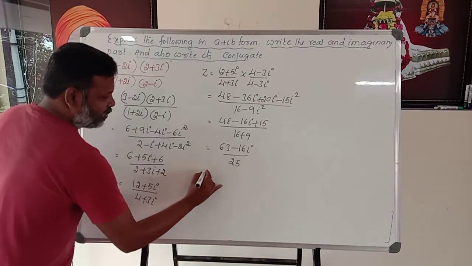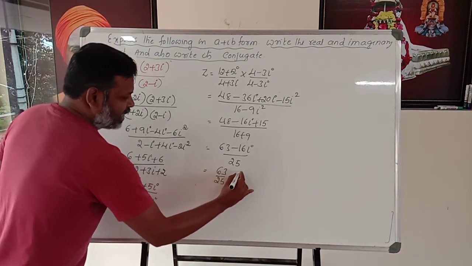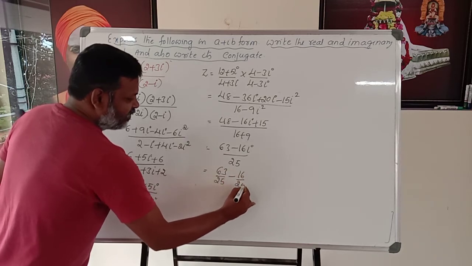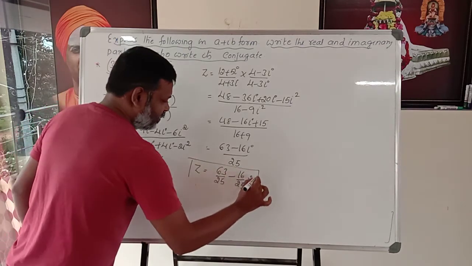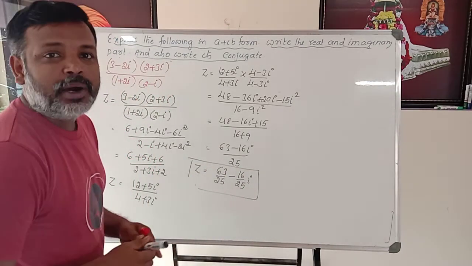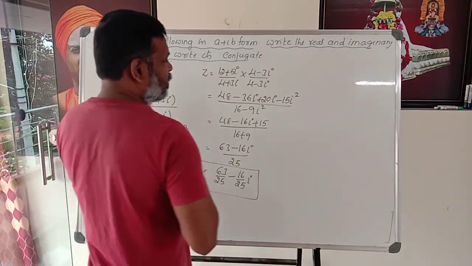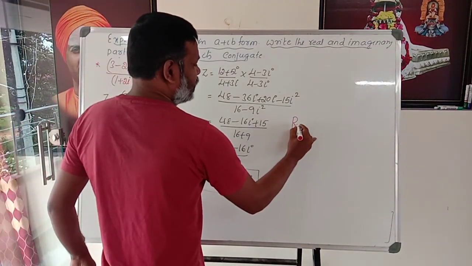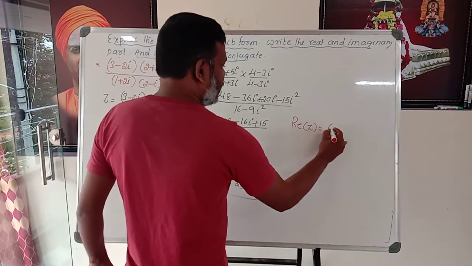Children, separate them. What happens here? 63 by 25 minus 16 by 25 i. So now this becomes the a plus ib form. What do we have to write for this? We have to write the real part and the imaginary part. Real part of z: Re of z is 63 by 25.